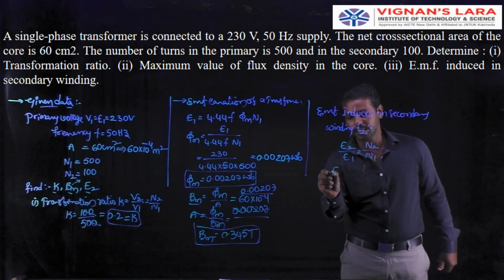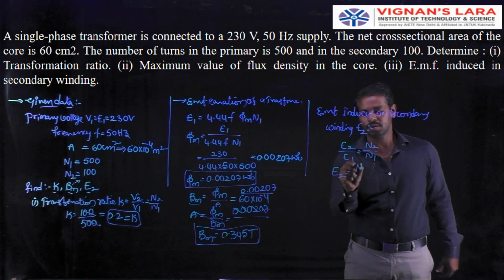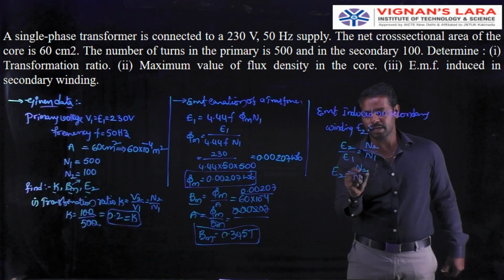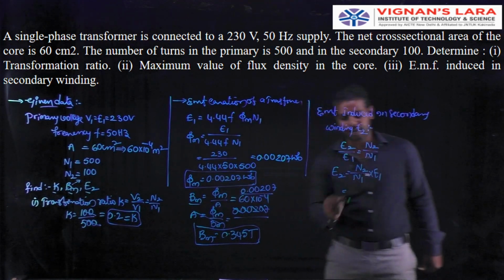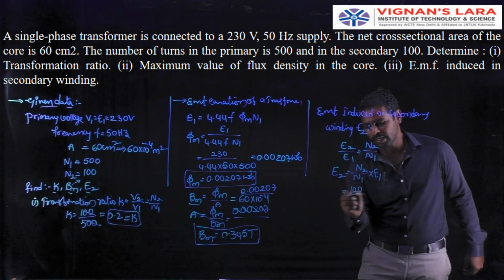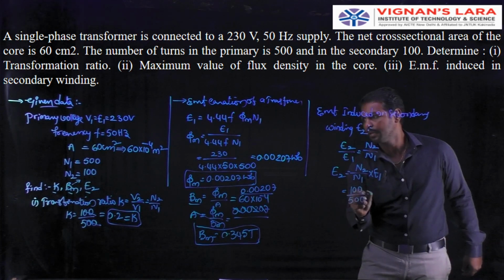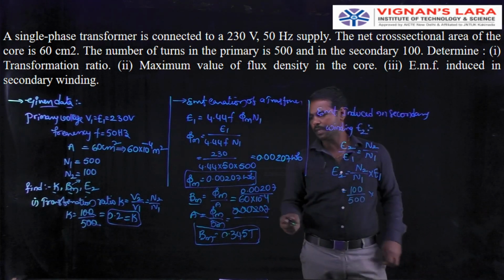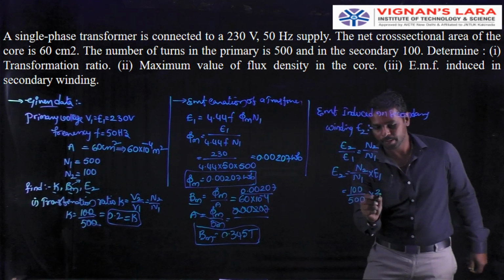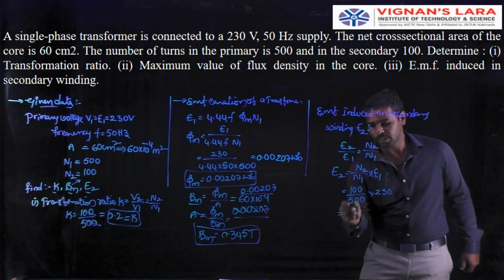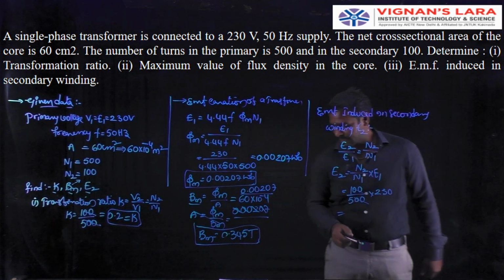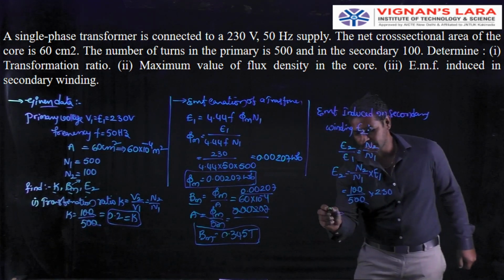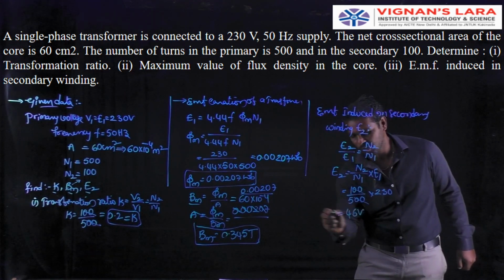So E2 is equal to N2 divided by N1 into E1. So N2 by N1, 100 divided by 500 multiplied with E1 is equal to 230. These two zeros get cancelled. So finally E2 is equal to 46 volts.